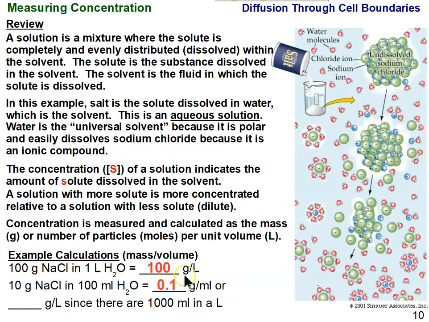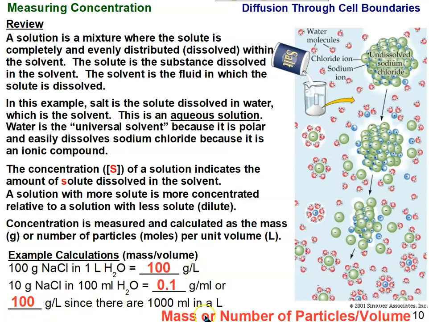Now, if you convert that to grams per liter, because there are 1,000 milliliters in a liter, you multiply by 1,000, and that's 100 grams per liter. So in other words, 0.1 grams per milliliter is equivalent to 100 grams per liter.